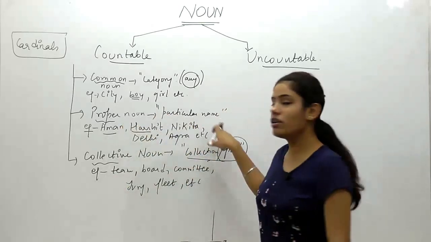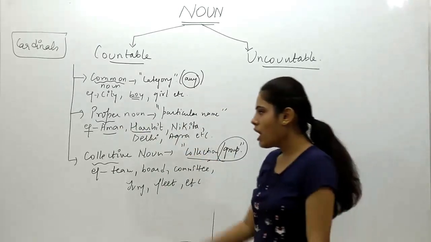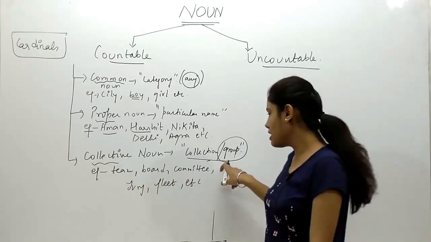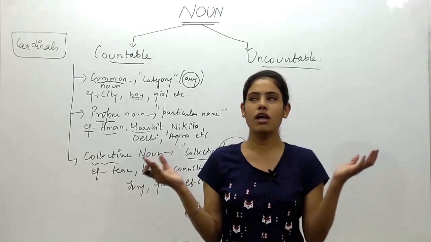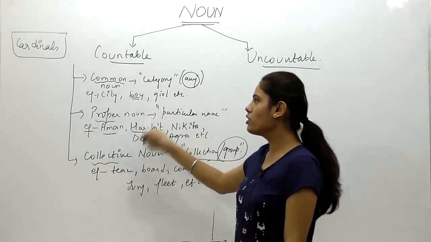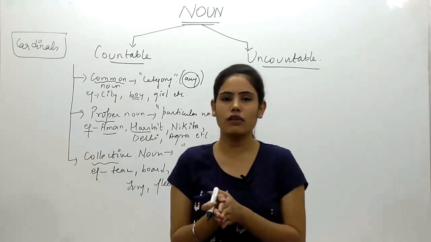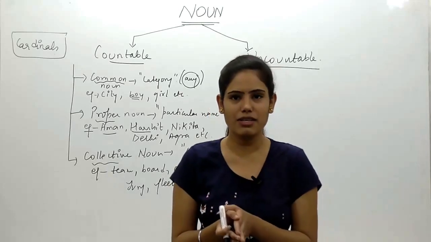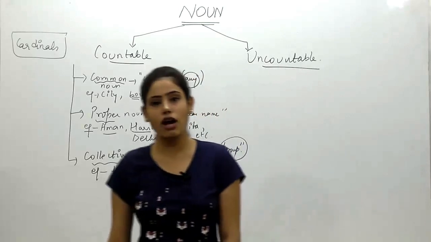Proper is a particular name. अगर इस category में से एक नाम लिया तो वो proper noun होगा. And collective noun implies a group, right? Basically it can be a group of any people like boy or girl mix up, एक group बनाया, एक team बनाया तो वो क्या है, team क्या है, वो collective noun है, right? So these are three major categories when we talk about countable nouns.